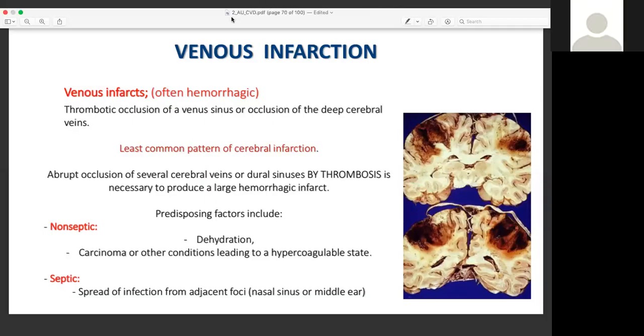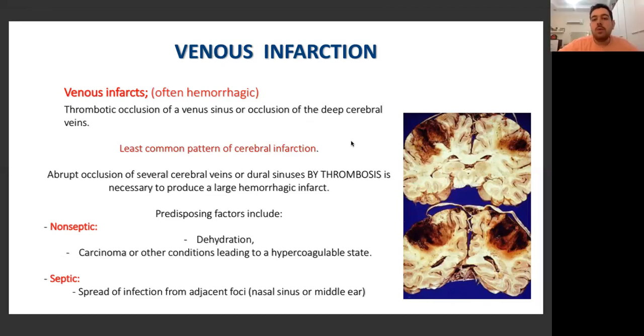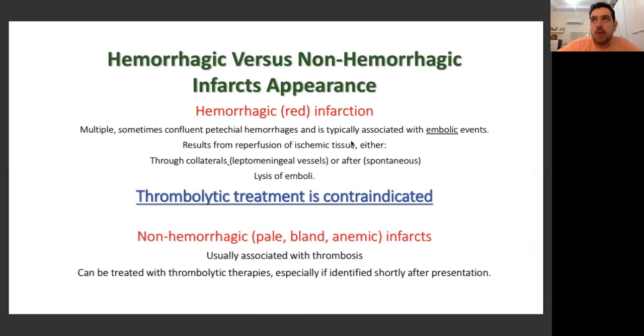Doctor, can you repeat how the hemorrhagic stroke forms from the ischemic stroke or from the embolus? Yeah, sure thing. Whenever we have an ischemic stroke, regardless of the cause, one of the major complications is a hemorrhagic transformation.